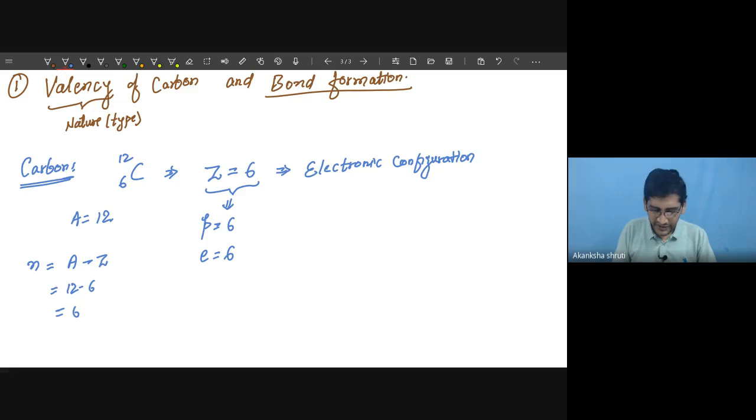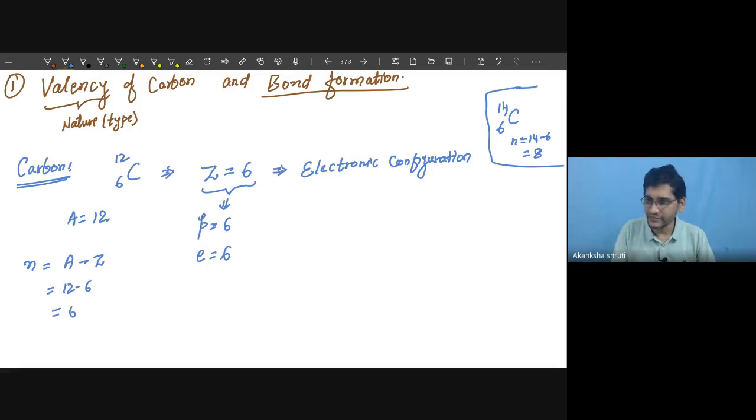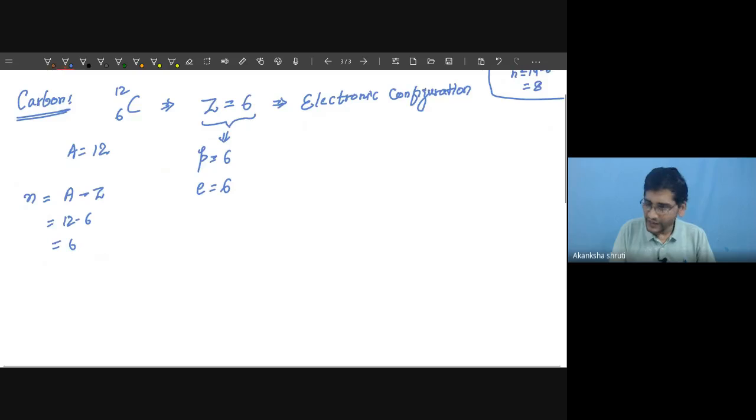Here I am considering C6 and 12, meaning the atomic mass is 12. If you consider C6 with mass number 14, at that time the number of neutrons will be 14 minus 6, which becomes 8. But this C6 and 12 is most common, or simply called C12. So students, how is the structure of this carbon? We have learned in class 9 that an atom consists of a nucleus.